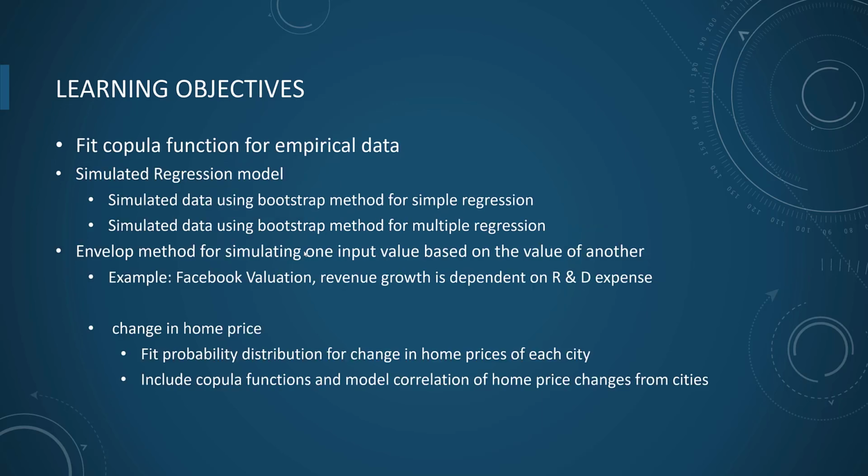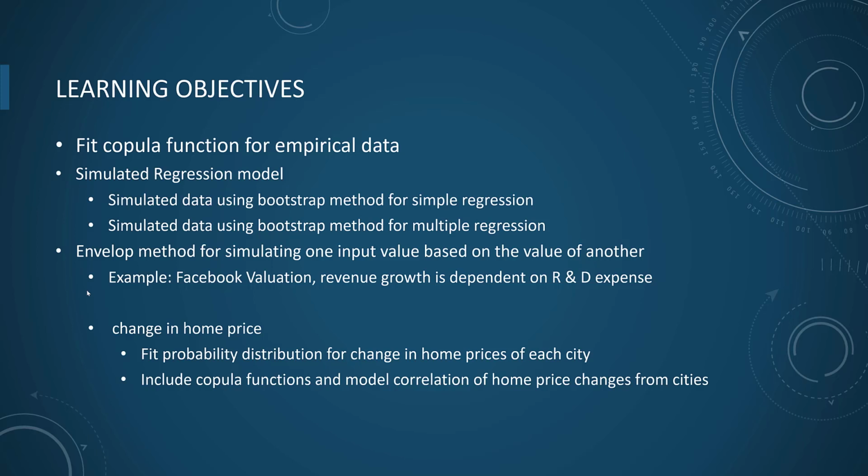And then we look at some theoretical concepts. So far we've been assuming certain correlations to come up with the correlation matrix or copula function. If you have empirical data, how do you fit a copula function to the empirical data? We look at that. And then we will look at regression models, which is a different kind of topic.